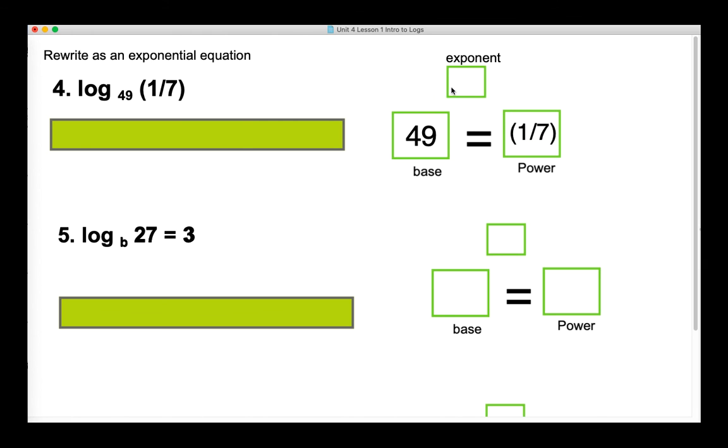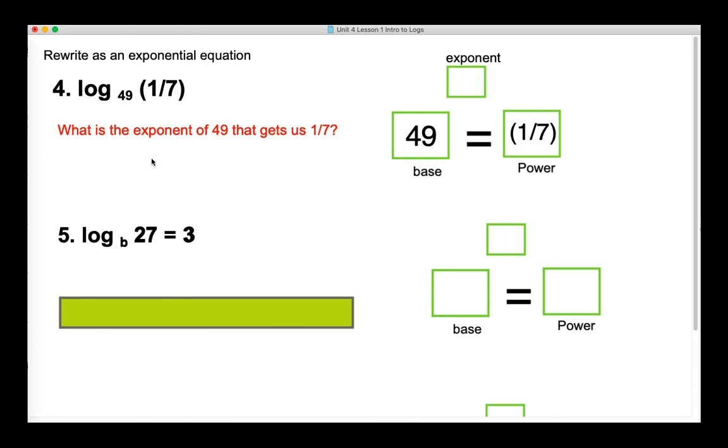And we're looking for the exponent. What is the exponent of 49 that gets us 1/7? All right, well, how does 49 and 7 relate? Oh, it's a square root. And how did it turn to 1/7? Oh, it's a negative.